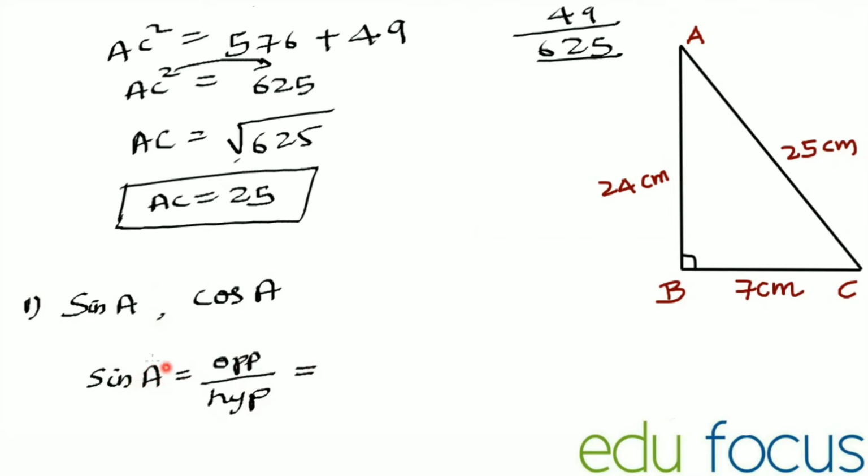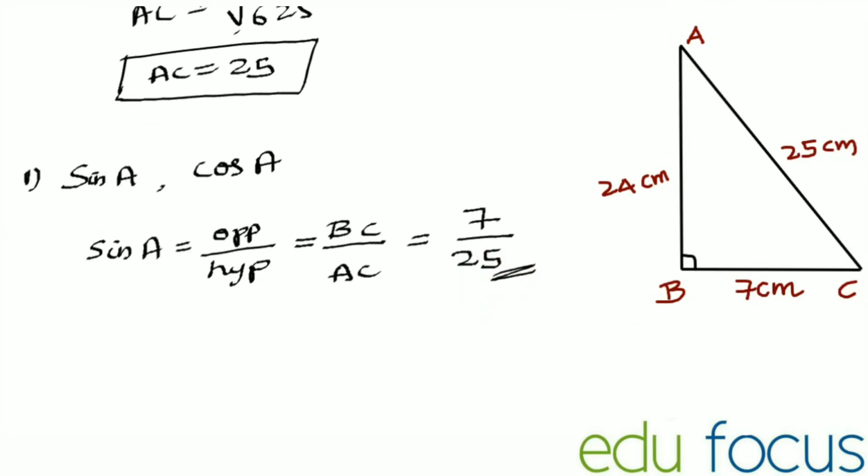For angle A, opposite is BC divided by the hypotenuse, which is always the largest line, opposite to the perpendicular angle. Here it is AC. So BC is 7 centimeter and AC is 25 centimeter. So we found sin A.